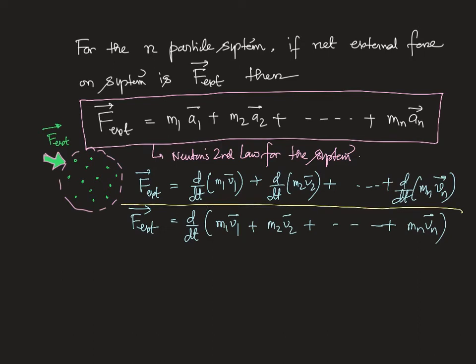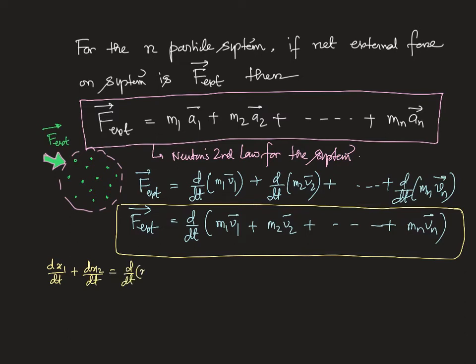This is by the simple rule of differentiation. The simple rule is that dx1/dt plus dx2/dt you can write as d/dt of x1 plus x2. Very simple rule of derivative.